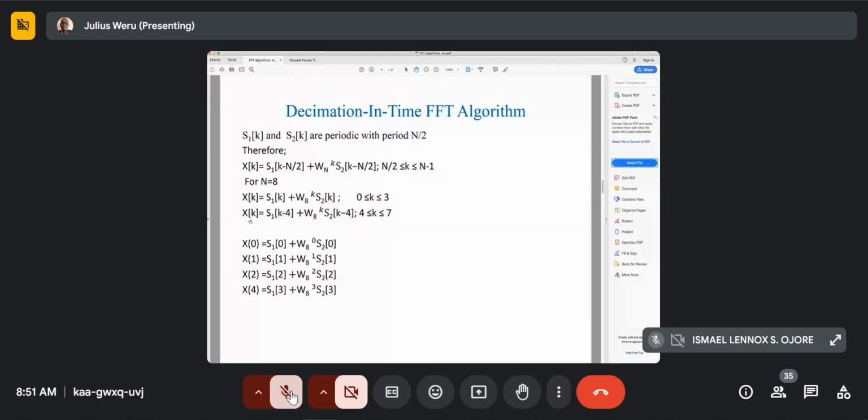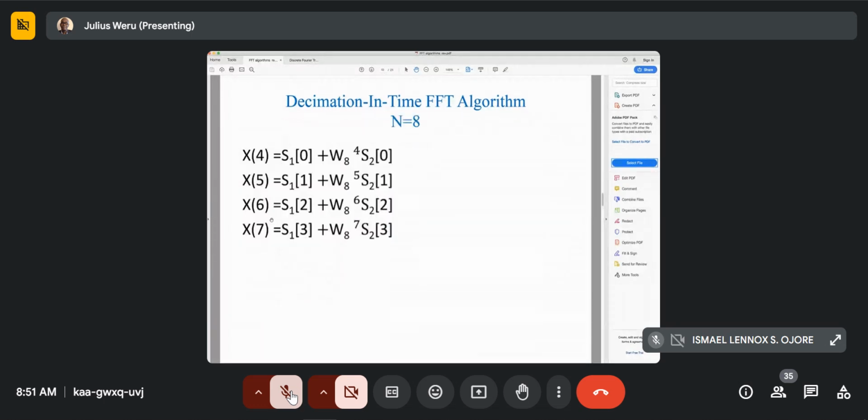So X of K, the next one, which will be the fifth sample, will be simply S1 of 1. Yeah, S1 of 1. Sorry, this one here: S1 of 1 and 5, S2 of 1.